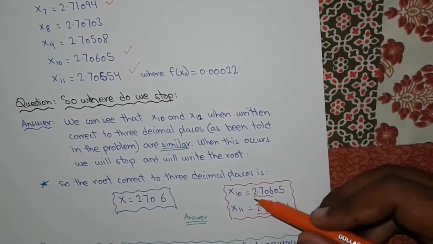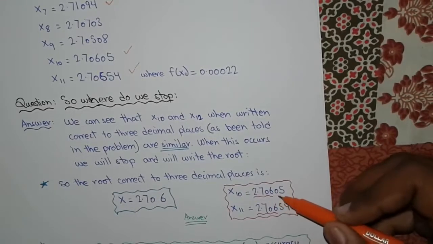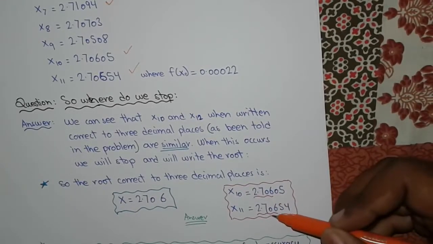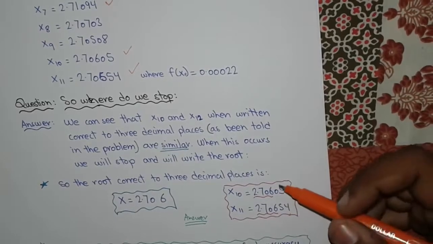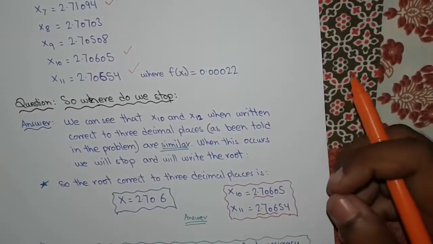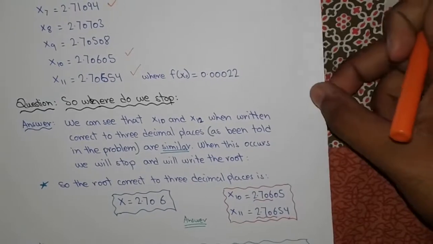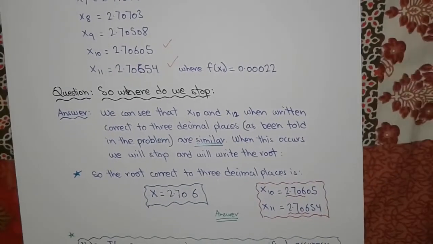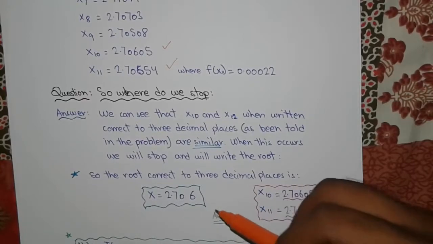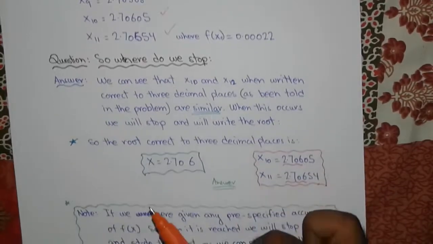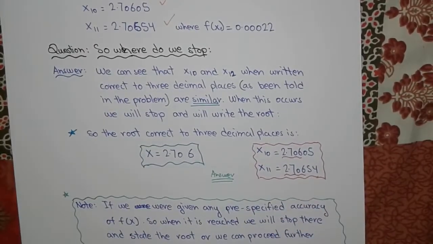The three decimal places are 706 and they are similar in x11, that is 706. So when this occurs, we will stop and we will write the root. So the root correct to three decimal places is 2.706 and that will be our answer, and we will stop our bisection method here.